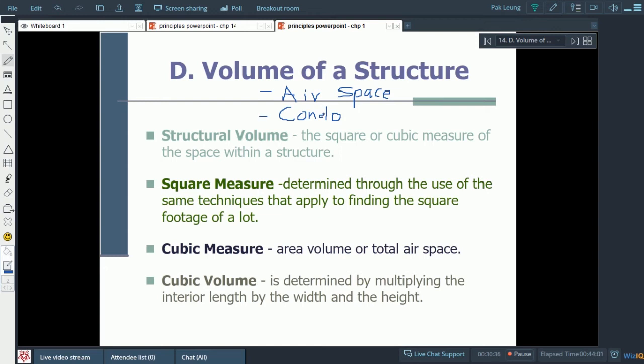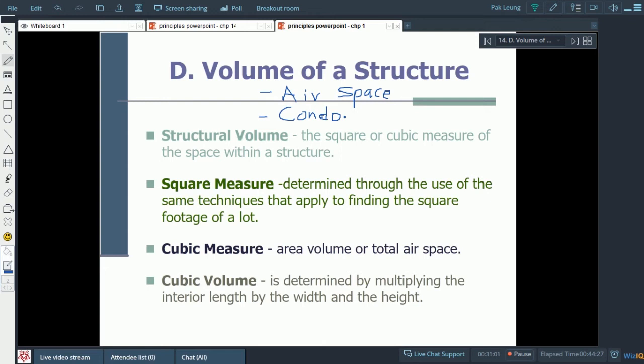Condominium. 你要记住，你一看到 airspace 的话，马上你想到是 condominium. 这种房楼，不是 single house. 那很像公寓的，就是很密集的.